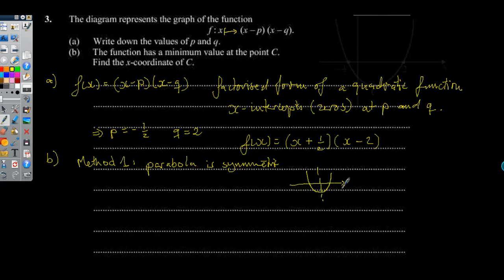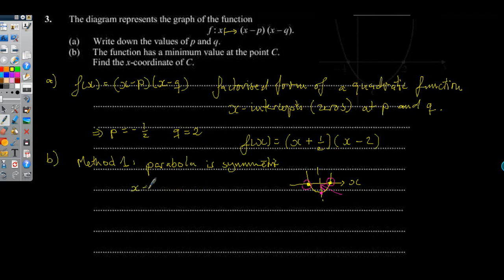And if I have an intercept here and here on the x-axis, then my minimum value here is exactly in between the two x-intercepts. Exactly in between means I can find it by just doing the average, the mean of the two.